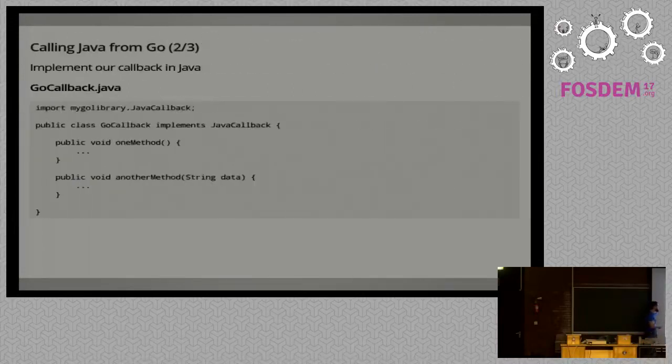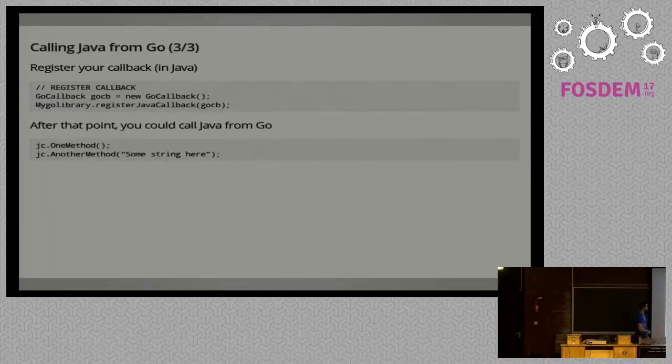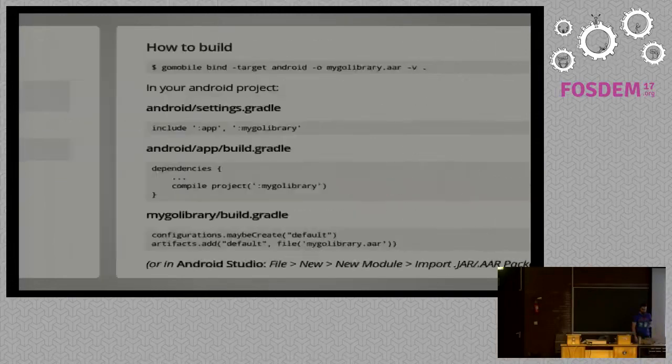And finally, in our Java, we import our package and everything, and then we create a Go callback and then register the callback. So the reference is saved in Go, and later we can call some of our Java methods from Go.